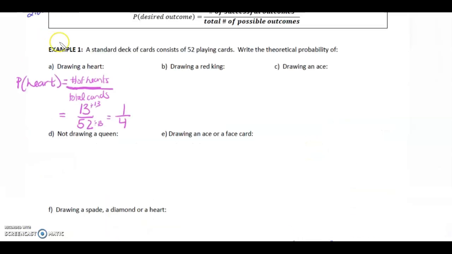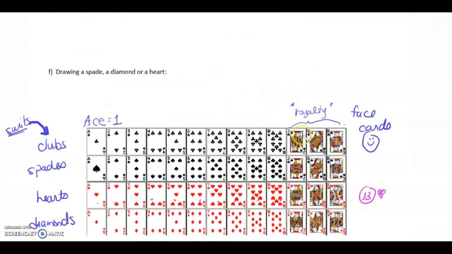Now, B, what's the probability of drawing a red king? The probability of red king is going to be the number of red kings over the total number of cards. So let's scroll down. Red kings: I see 1 red king here, the heart, and 1 red king here, the diamond.